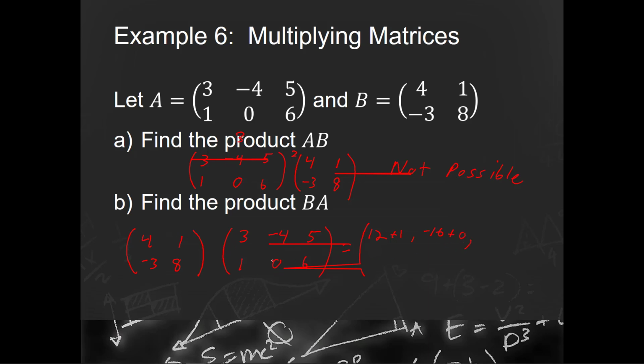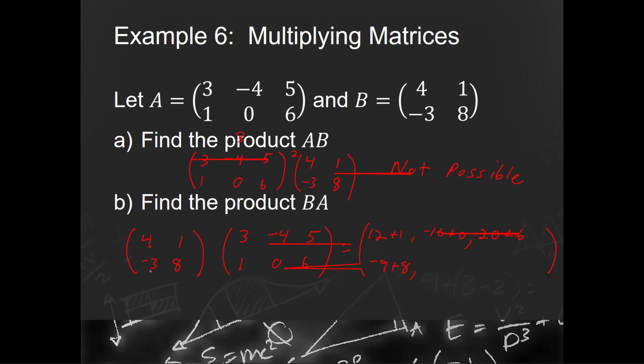And the third element is going to be 4 times 5, which is 20, plus 1 times 6, which is 6. And then for the next row, we are going to have negative 3 times 3, which is negative 9, plus 8 times 1, which is 8. That's going to be negative 9 plus 8.